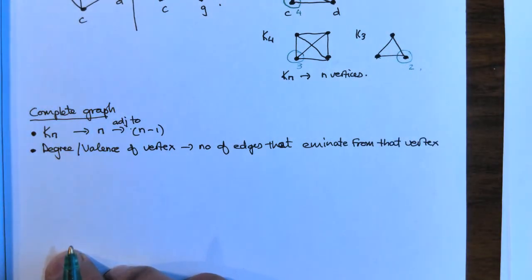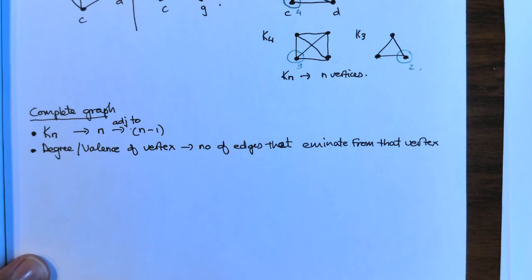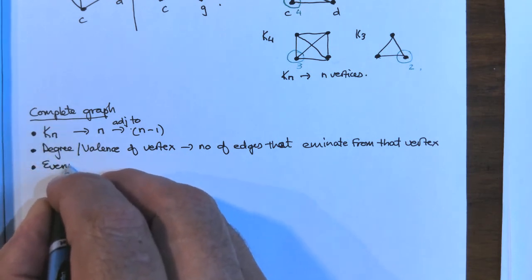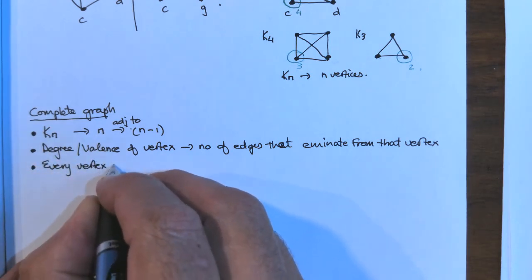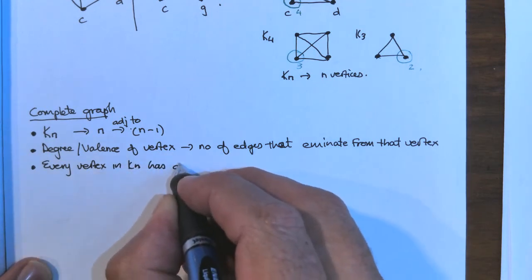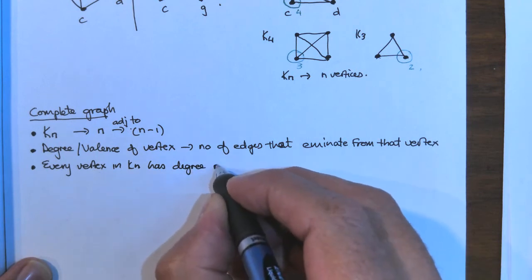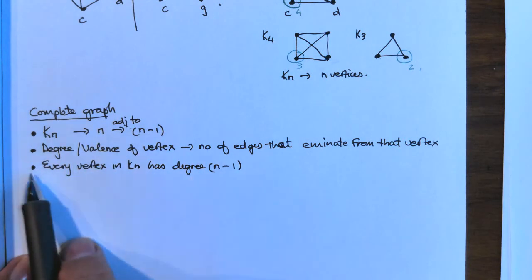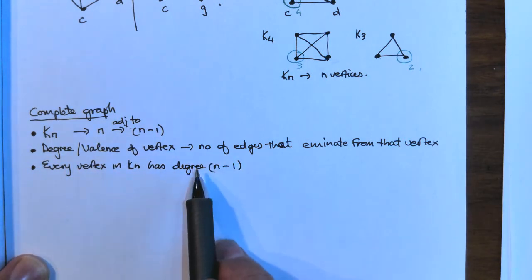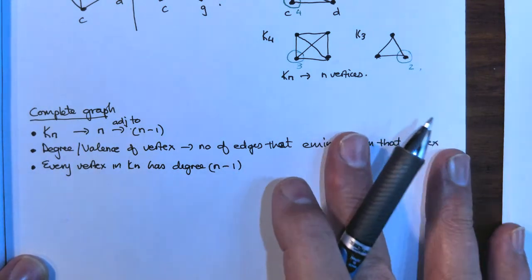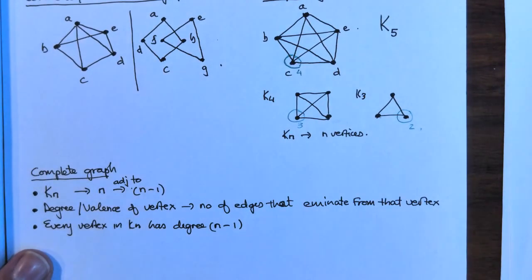Okay, so in Kn, every vertex in Kn has a degree of n minus 1. Now, this is very interesting, that every vertex will have a degree of 1 less. So if it is 5 vertices, let's see if that is true.